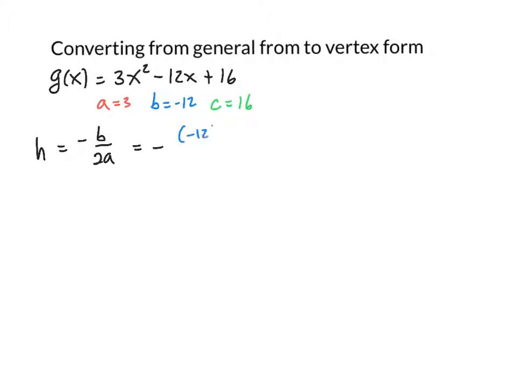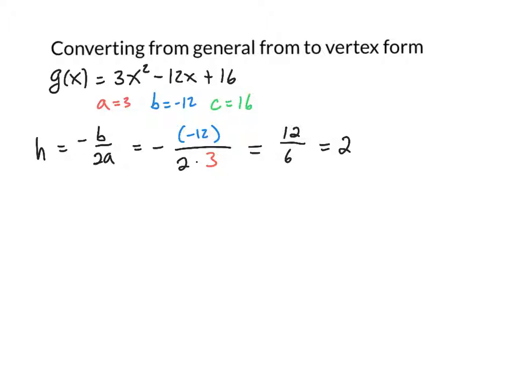So this is negative negative 12, and I'm going to divide by 2 times a, which is 3. So when I think about this, I have 2 negatives, so that's going to make a positive. And so I'm going to get 12 on top and 6. And so what I get here is that h is equal to 2.